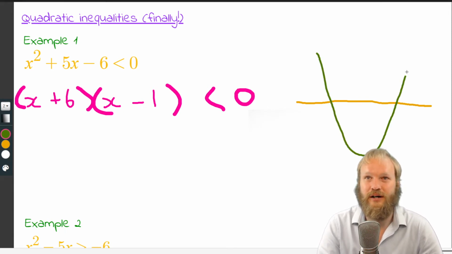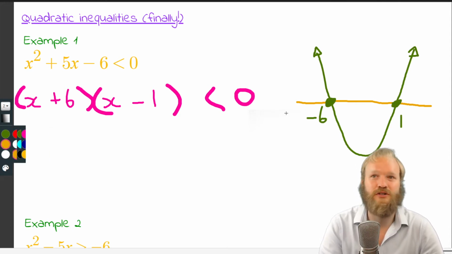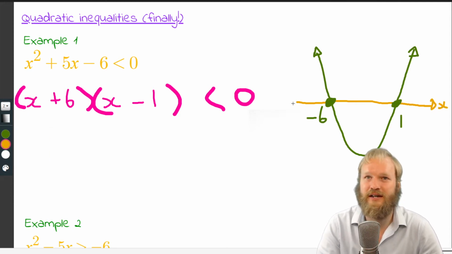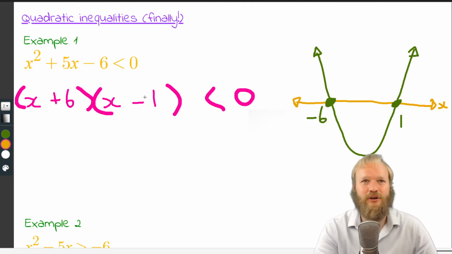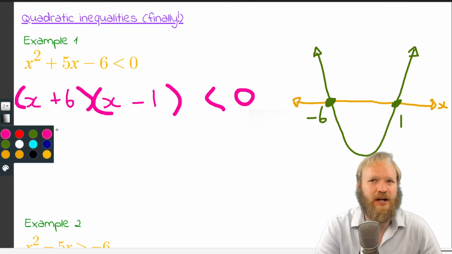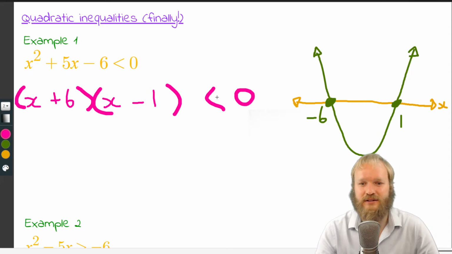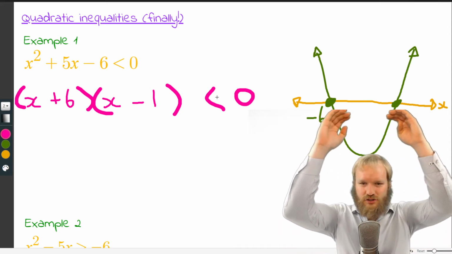So there's our parabola, and it's got its 2 roots at negative 6 and at 1. Remember, all we're interested in is the x-axis. And now we're looking and saying, where is this parabola less than 0?